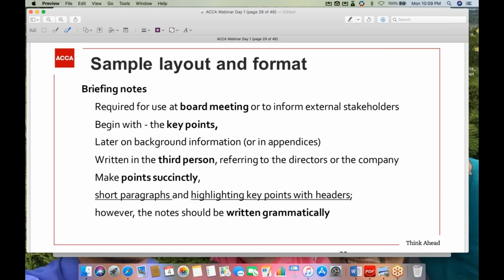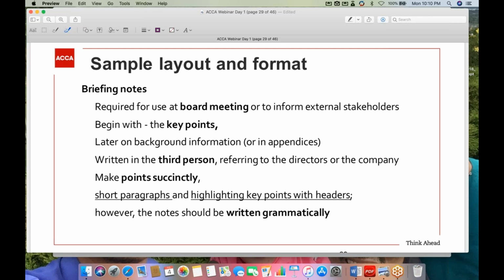Briefing notes are usually used at a board meeting or to inform external stakeholders of something. Begin with key points, definitely. You may want to include later the background information, or maybe you have an appendix together with it.